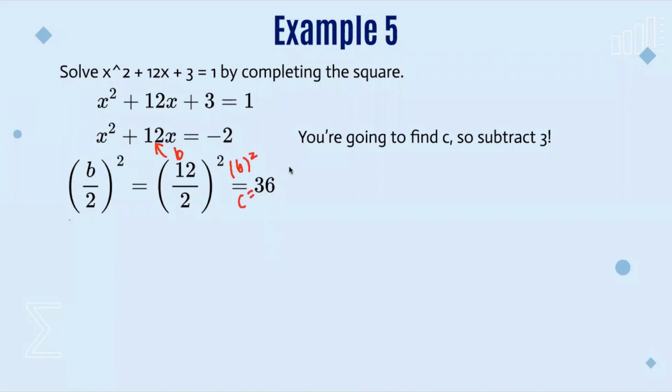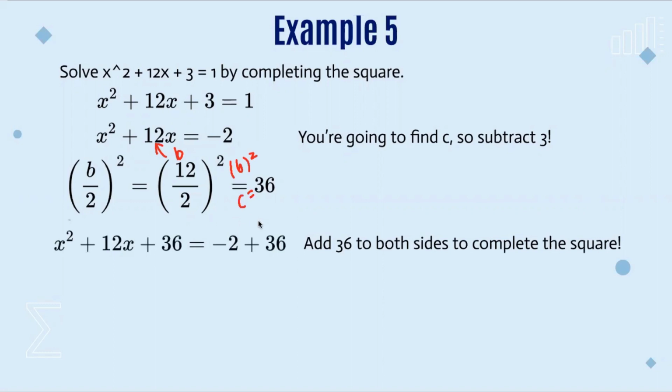So now you can add it to this binomial right here, x squared plus 12x, but remember again that it is an equation, so you have to add 36 to both sides to balance it out. So you would have x squared plus 12x plus 36 equals negative 2 plus 36.